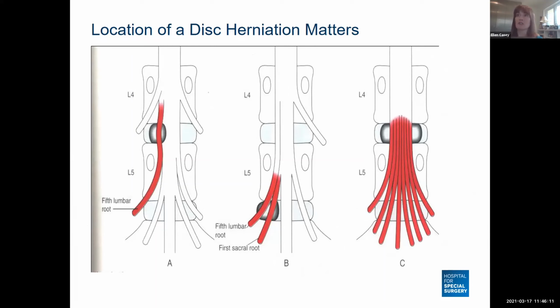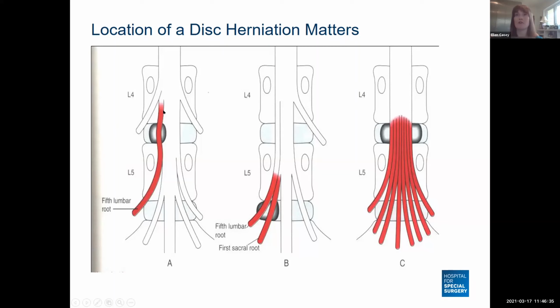And then the location of the disc herniation matters too. In this first image, this is the L4 vertebral body. This is the L5 vertebral body. These ovals here are the pedicles. We have the disc in between, so this disc is named the L4-L5 disc. This is the L4 nerve root on either side.